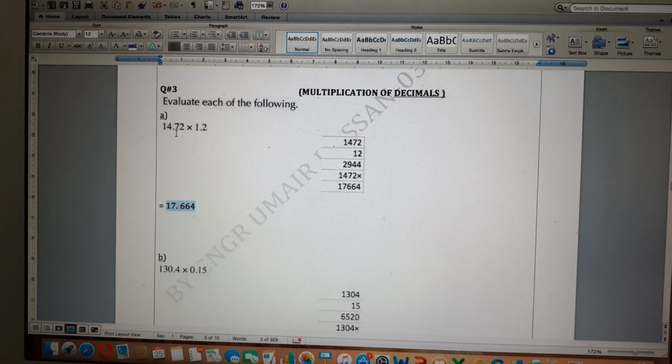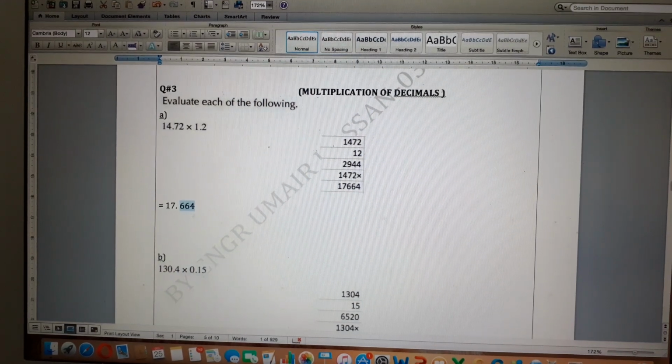So in total I have 2 plus 1, a total of 3 digits after the decimal in my question. So I will be inserting the decimal point at the place where I get 3 digits after the decimal, as was the case in the question. This is an easy way of multiplying decimal numbers.